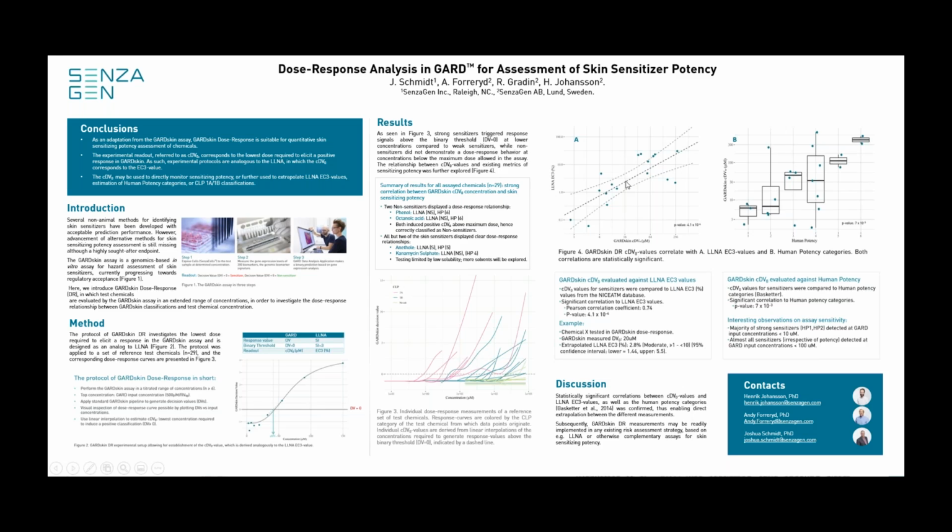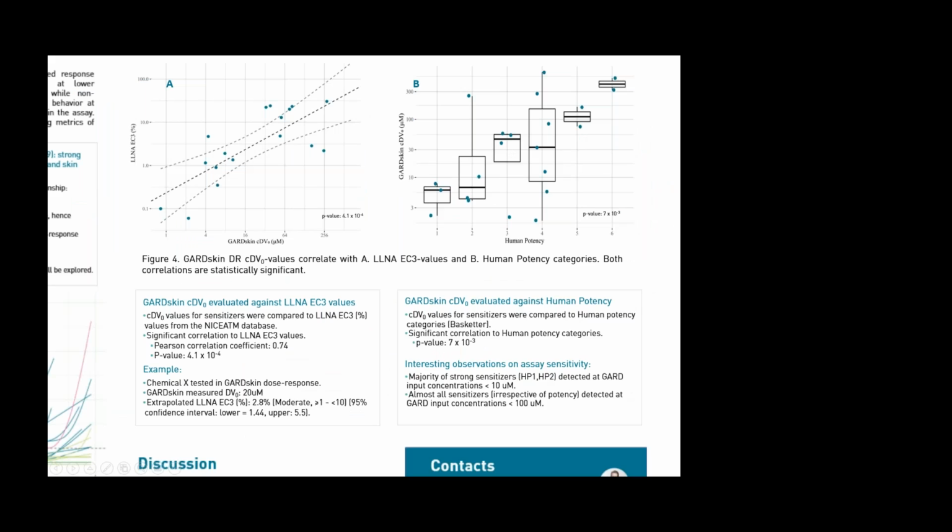Moreover, by looking into how well this approach can provide continuous quantitative potency assessment, the CDV0 concentrations for all sensitizers were compared both to the local lymph node assay EC3 values in the figure to the left and to the human potency categories as defined by David Basketter to the right. We can see that there was a significant correlation between the GARD CDV0 concentrations and both the local lymph node assay EC3 values as well as the human potency categories.